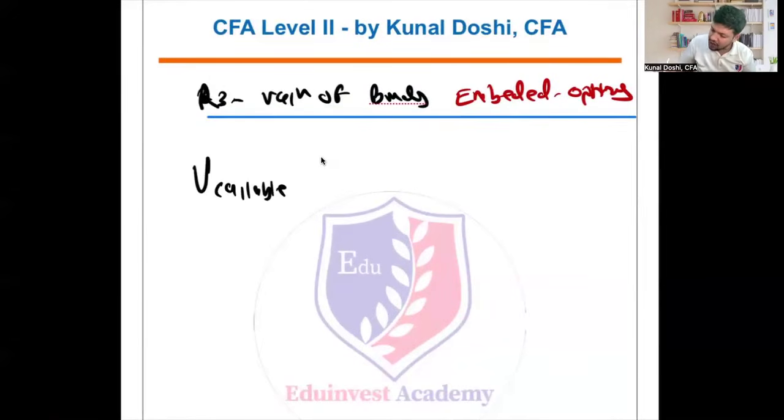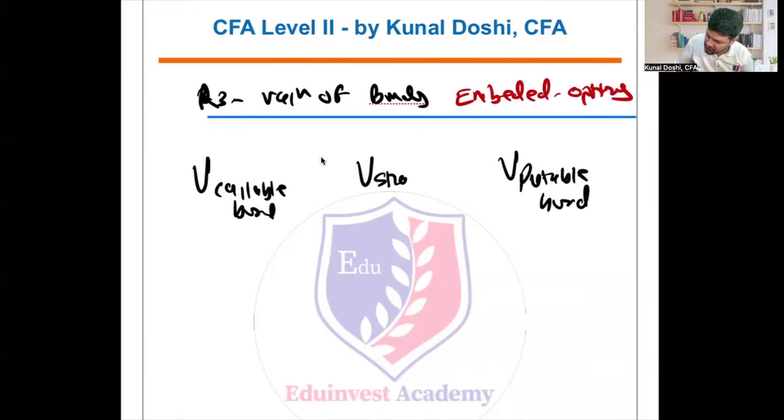Comparing the callable bond, the putable bond, and the option-free bond, which is also called a straight bond: the value of a putable bond is higher than a straight bond, which is higher than a callable bond.